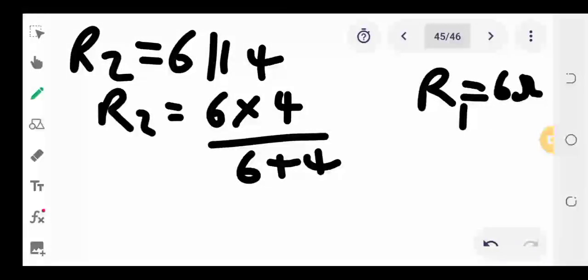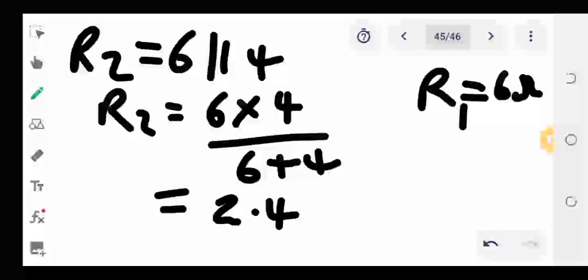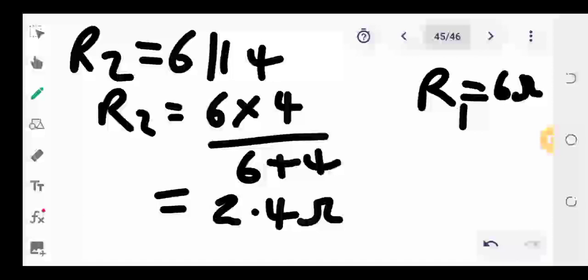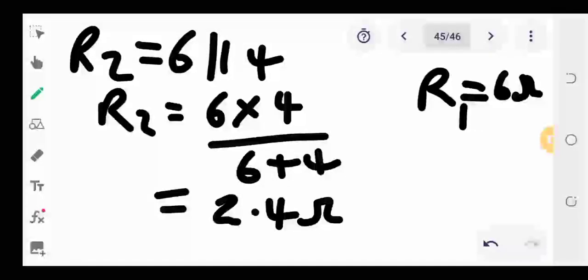In this case I'm getting 2.4 ohms resistance. So that's the value of the resistance that I'm able to get from that. It is a 2.4 ohm resistor that I'm arriving at.